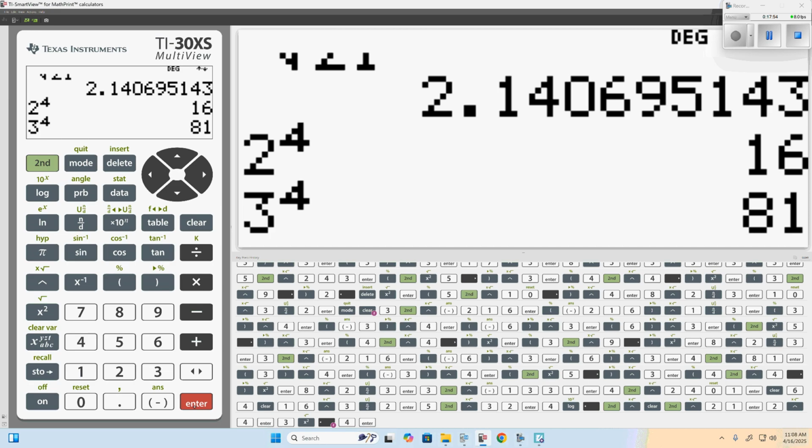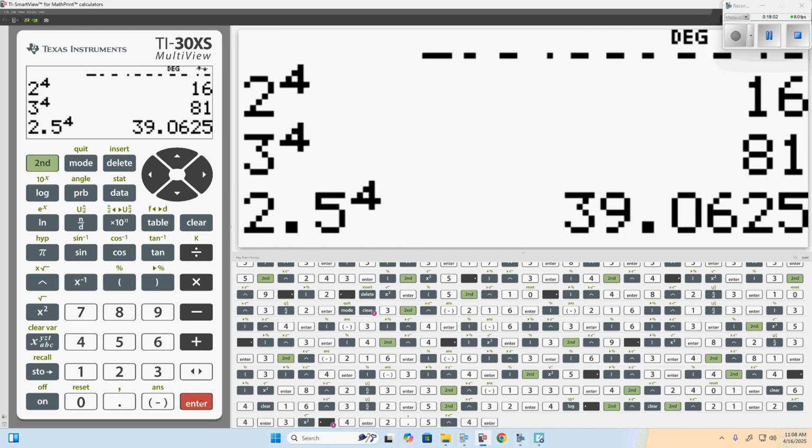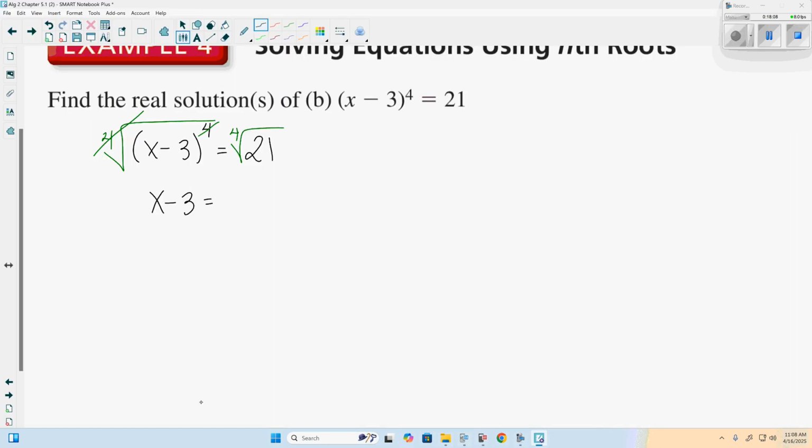There's not going to be a nice number. Normally, that's going to be between those two. Because we could look at, say, 2.5 to the 4th. Not what we have. So in this case here, we'll leave it as the 4th root of 21.